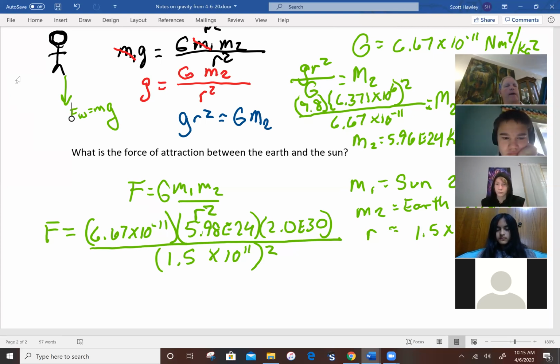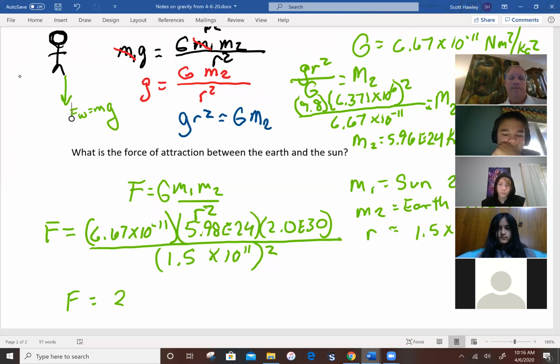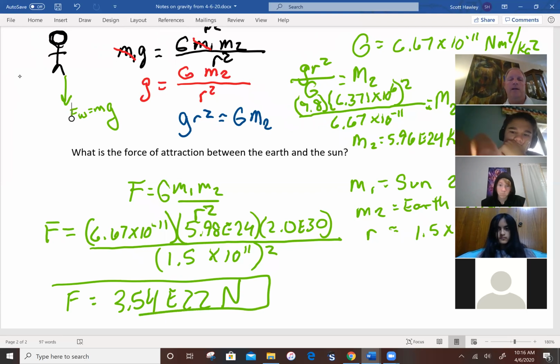Okay, so if I did all that math right, let me check my numbers. It looks like it's all correct. Okay, so the force between the Earth and the sun is 3.54 E22 newtons. So this is the force that's causing the Earth to go around the sun.